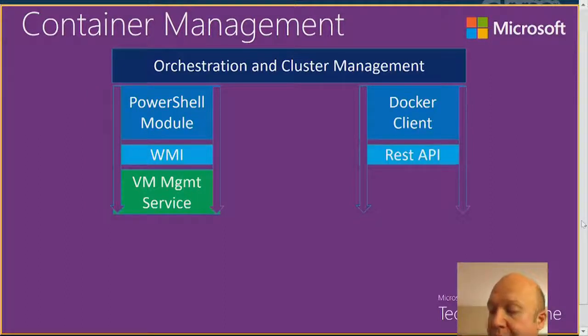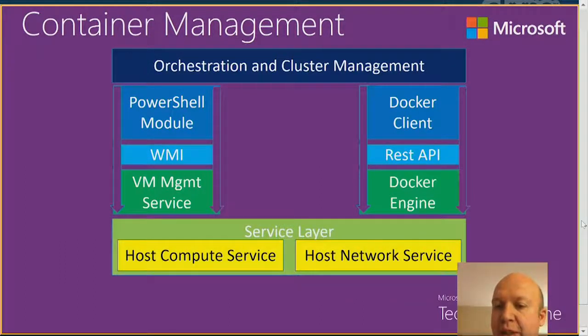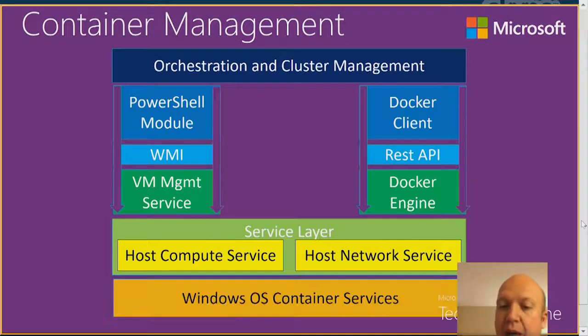The Docker client makes a REST API connection back, and that speaks to the Docker Engine service. Both of those, however, communicate back to the service layer, and that service layer then tells our host and configures both the compute and the networking side, all sitting on top of our container-enabled Windows server.